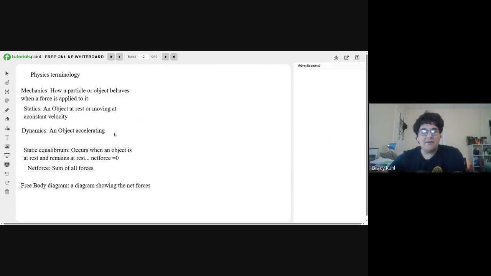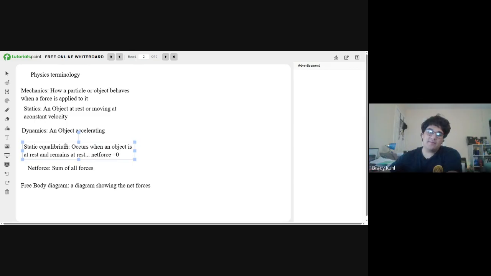You assume acceleration is going fast, but if I move at a constant velocity going like this and then going like this, it's still acceleration because you're changing the direction. Acceleration isn't just about the speed of an object, but the direction it's going in.